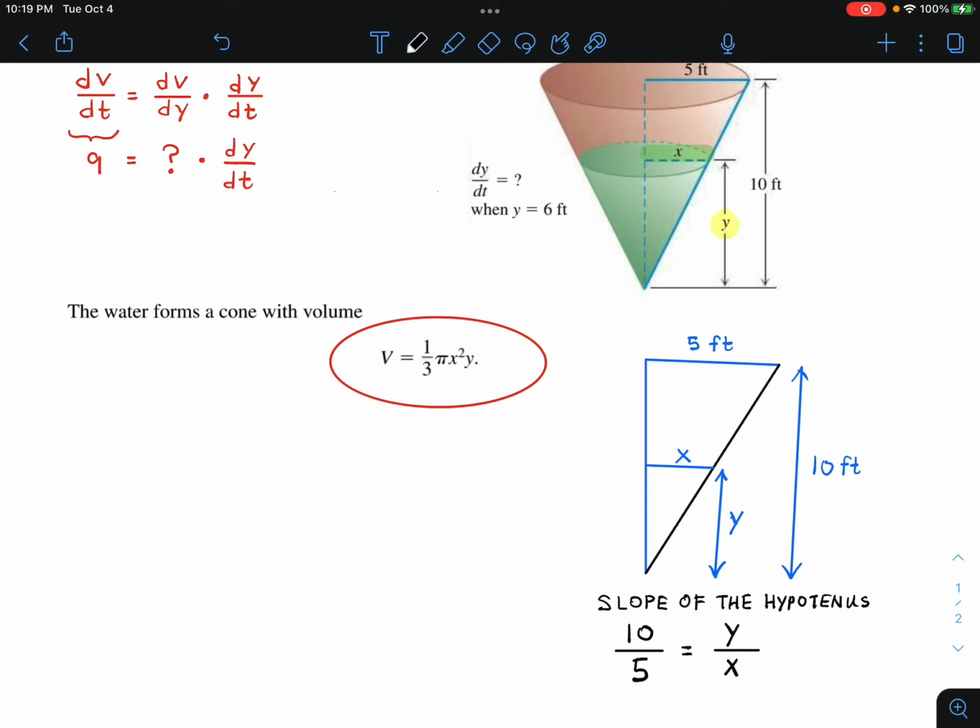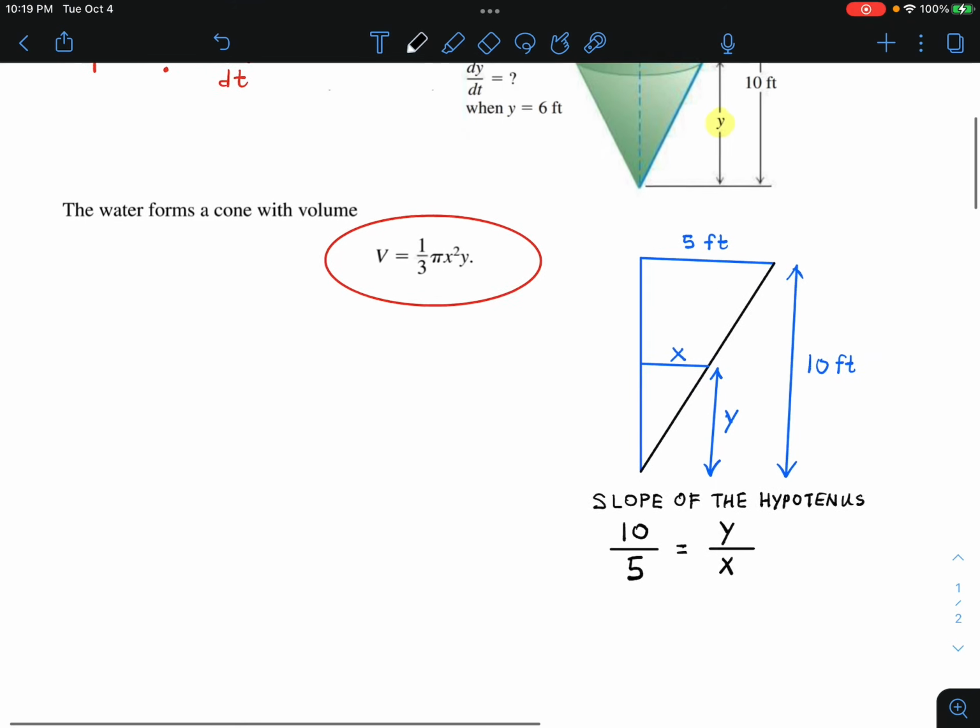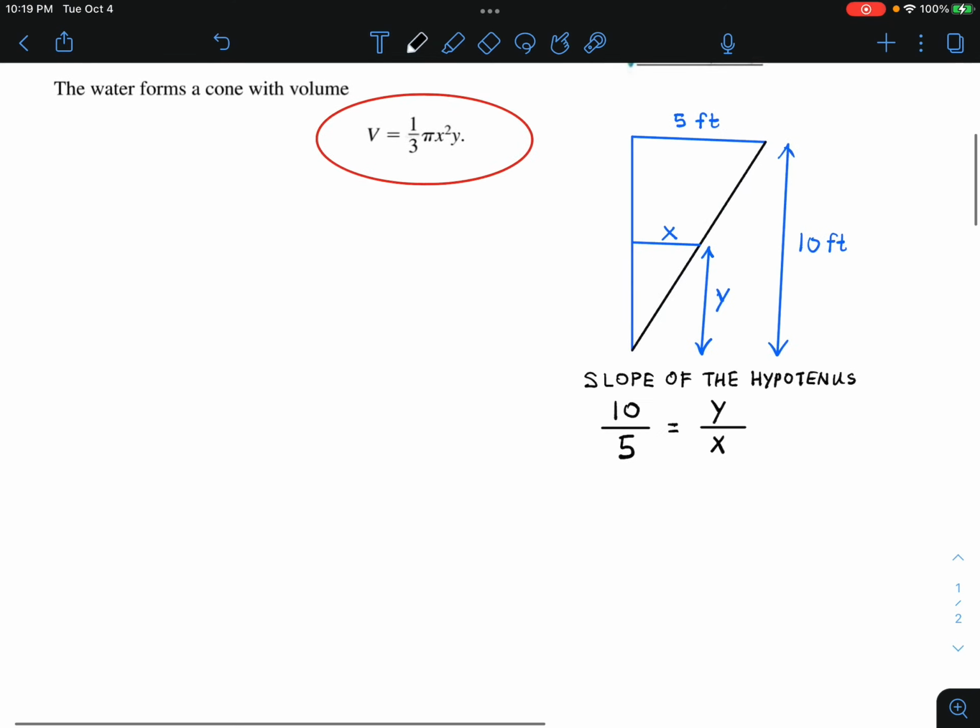That will leave us with a relationship of x and y that is proven to be quite essential to answer this question. If you isolate the variable x here, you will see that it is equal to 1/2 y, based on the geometry of the triangle.